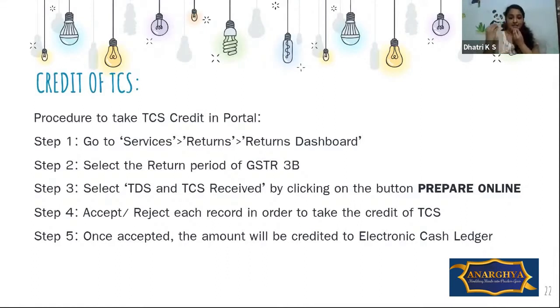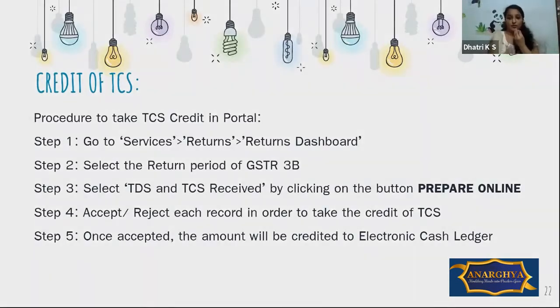And he is required to accept or reject each record depending upon his need. Once he accepts a record, it gets reflected in his electronic cash ledger. So this is how he can take credit of TCS under GST, which is deposited by the electronic commerce operator.